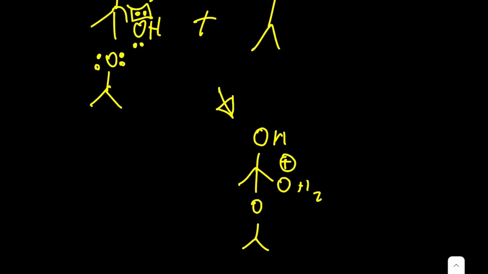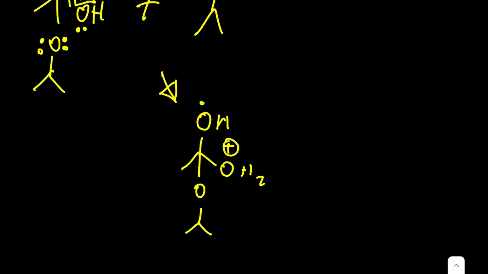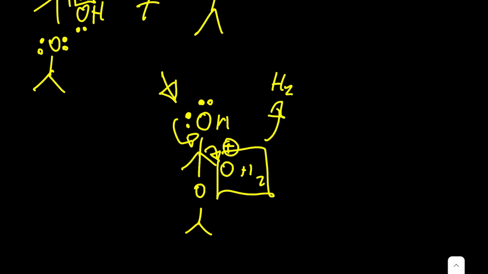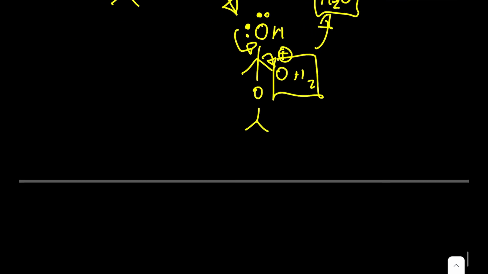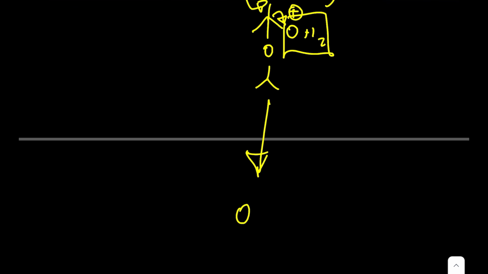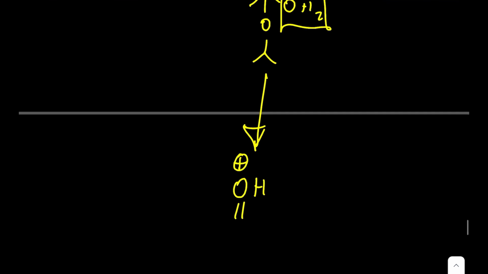A lone pair from this oxygen can contribute to a pi bond, which will cause this group here to leave as water. So that will leave as water, right? And we will get, by itself, this intermediate.